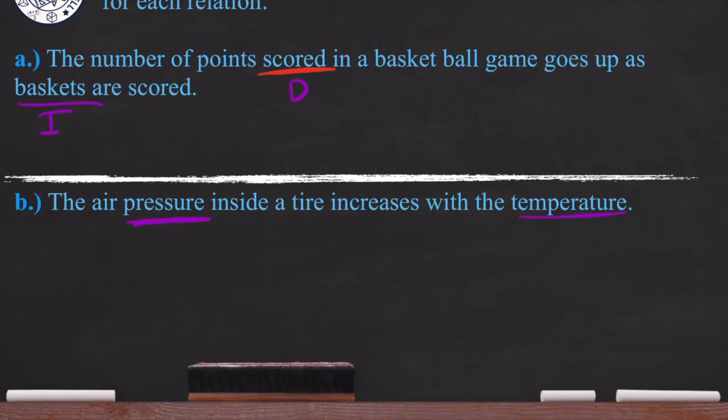So to me, the pressure is depending upon whatever the temperature is. We can't control the temperature. The temperature is going to do what the temperature wants to do. That's independent. But the tire pressure is going to be affected by the temperature outside. So that is why the pressure is dependent and the temperature would be independent.